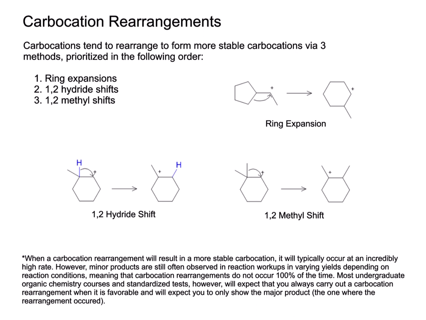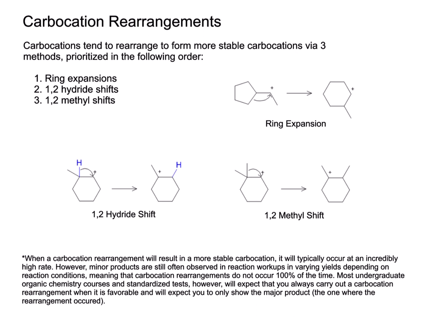However, I did want to make this important note. When a carbocation rearrangement will result in a more stable carbocation, it will typically occur at an incredibly high rate. However, minor products are still observed in reaction workups in varying yields, depending on reaction conditions, meaning that carbocation rearrangements don't occur 100% of the time.